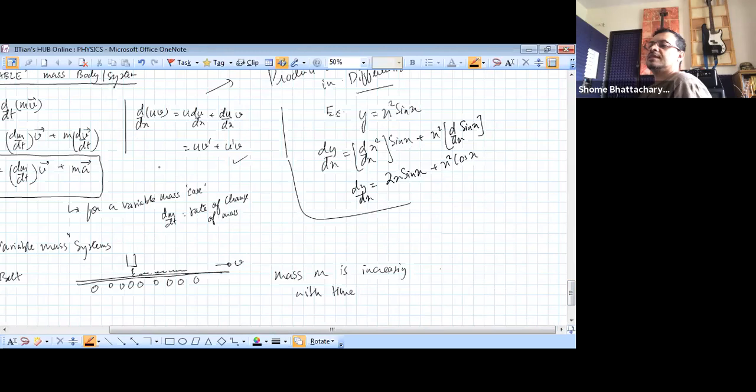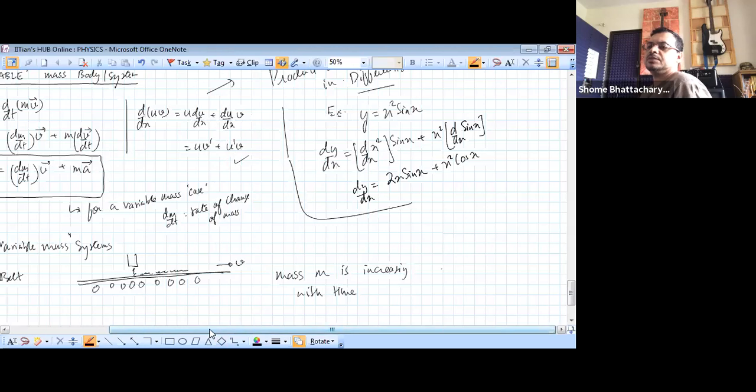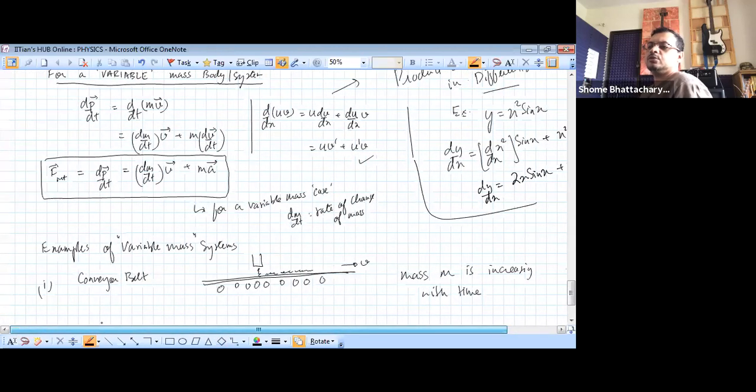So this is an application of this principle, that differentiation of the product of two functions, u into v, is the first into derivative of second plus second into derivative of first, or u v prime plus v u prime. Now, of course, you can write it in reverse order also. You can write it as derivative of first into second plus first into derivative of second, but basically it means this. So that is what we have applied over here.